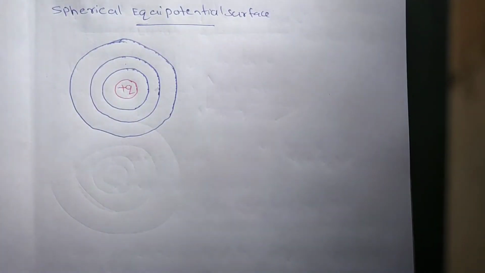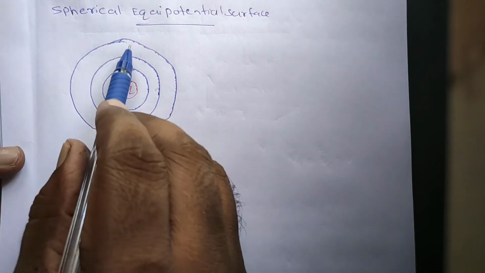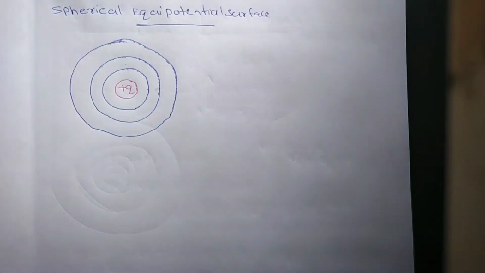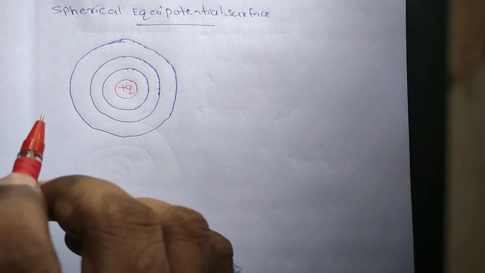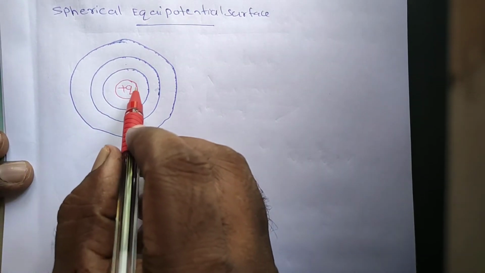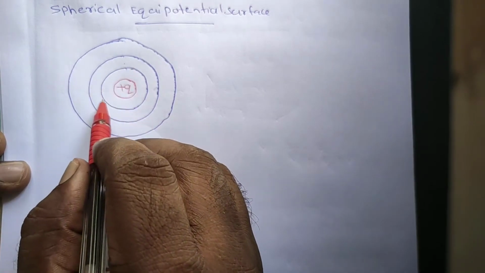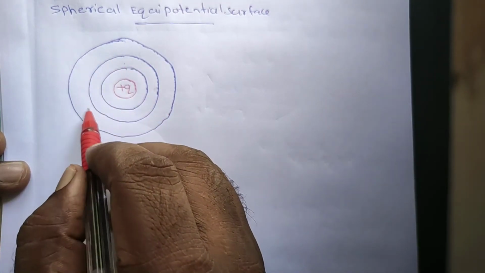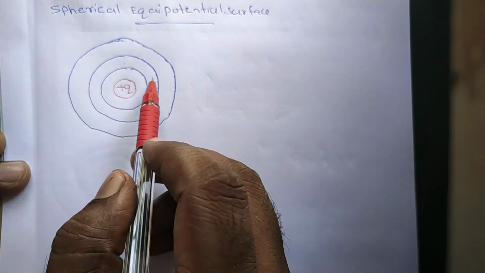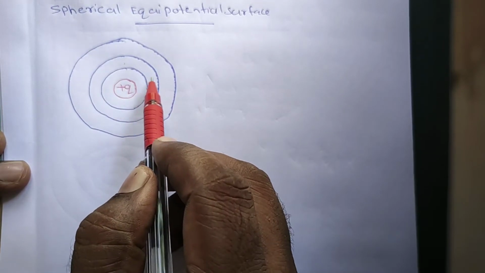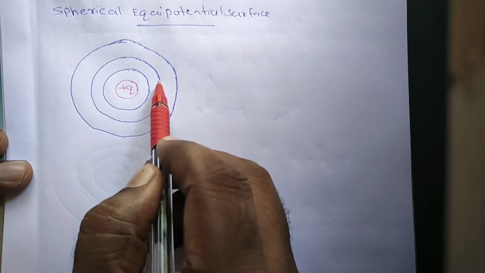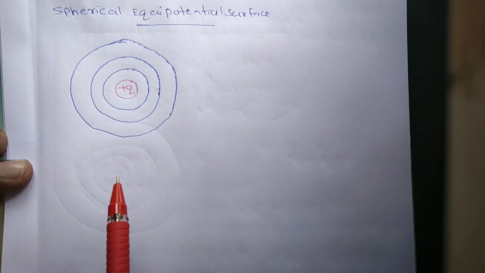Here you can see that the distance between the equipotential surfaces increases as the distance increases. And what about the potential? Here all the points have the same potential. But one point here and one point here do not have the same potential.